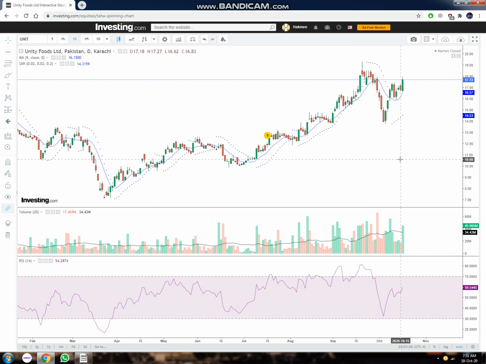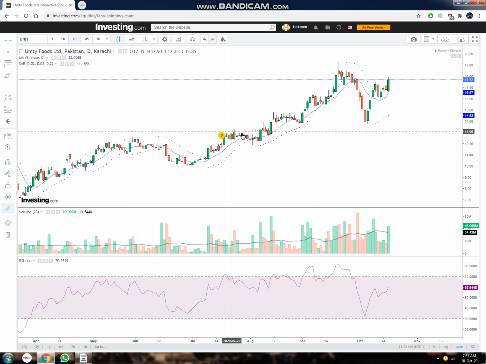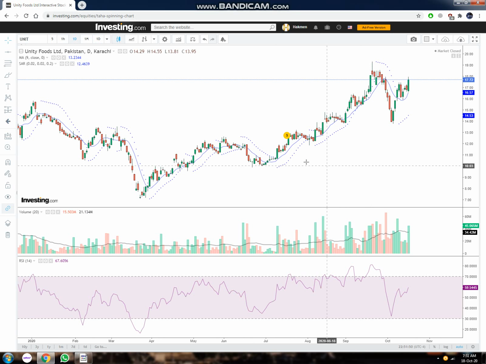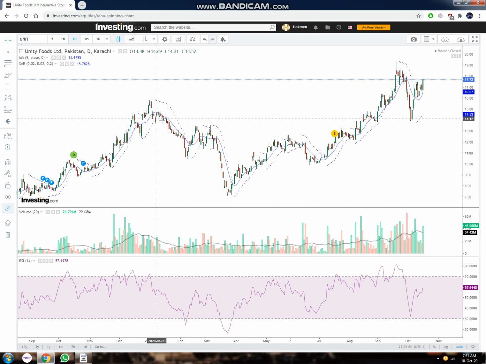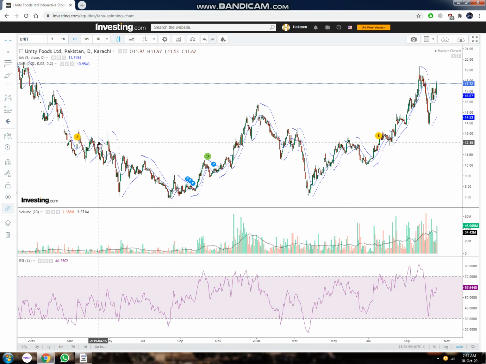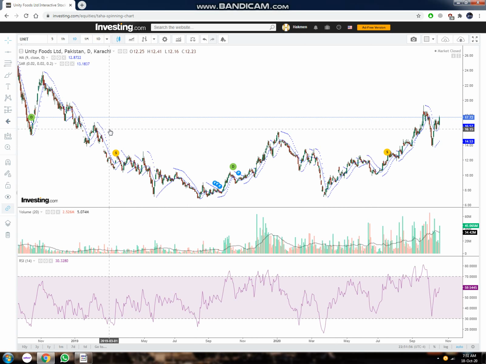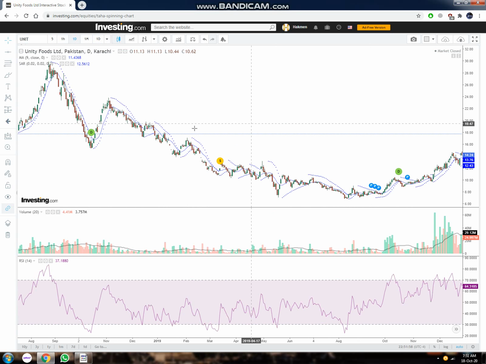First of all, what you're going to do with a pullback is recognize the trend, whether it's bullish or bearish. In bullish trends, the pullback will look something like this, right here, here, and this one also. In a bearish market, the pullback might look something like this right here.